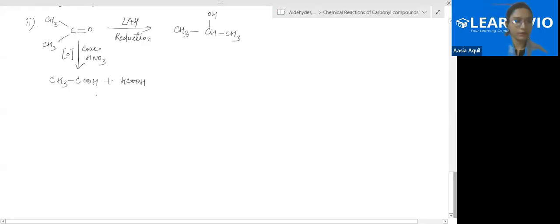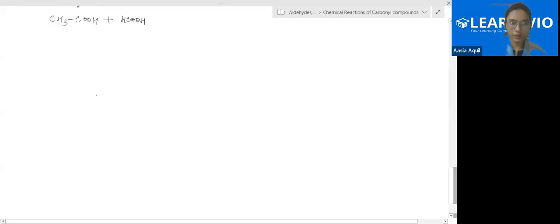Next reaction is again very important for your board exam, the Clemmensen reduction reaction. What is this? Clemmensen reduction process. What happened in this? In Clemmensen reduction reaction, it happens in the presence of acid.